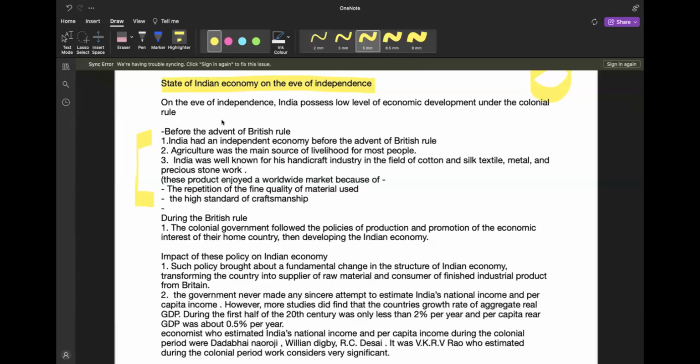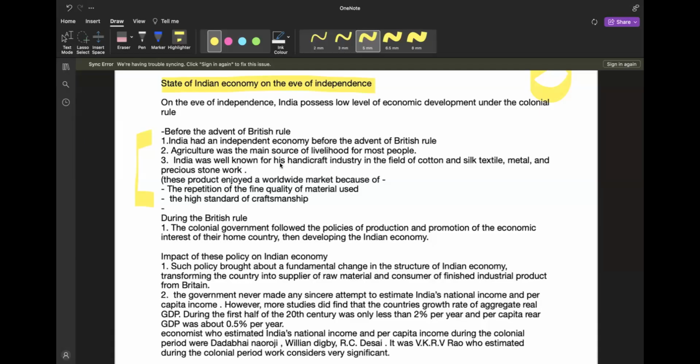So this was the condition before the independence, right? Is this clear till here? If somebody asks you what was the condition of India, you will say that India was an independent country, India had agriculture, and everybody was dependent on agriculture.